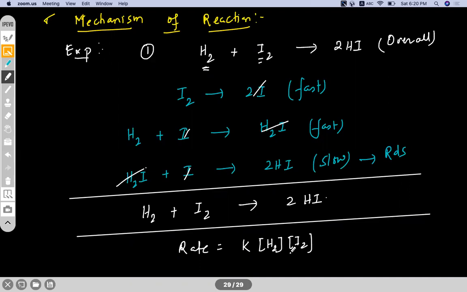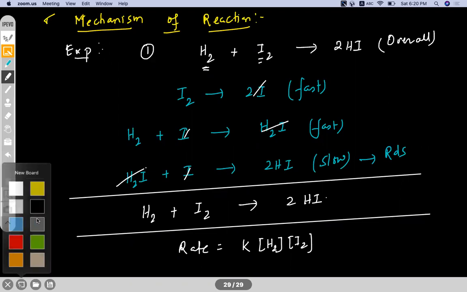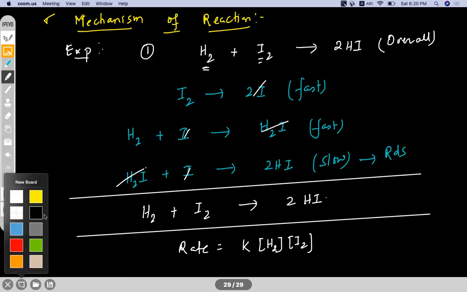Now, if I try to express these three reactions in the form of a graph, how do we express it? Now we have three steps.